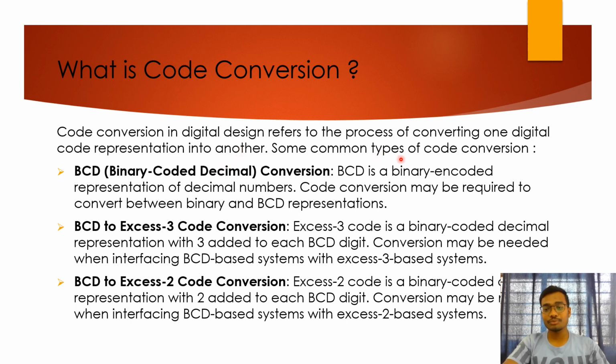We have many different types of code conversions. We have BCD conversion, where BCD refers to binary coded decimal. The decimal system has values from 0 to 9, and these can be represented in binary as 4-bit binary. 4 bits can have numbers from 0 to 15, but as we have decimal 0 to 9, we use 0 to 9, and the rest we can make don't care.